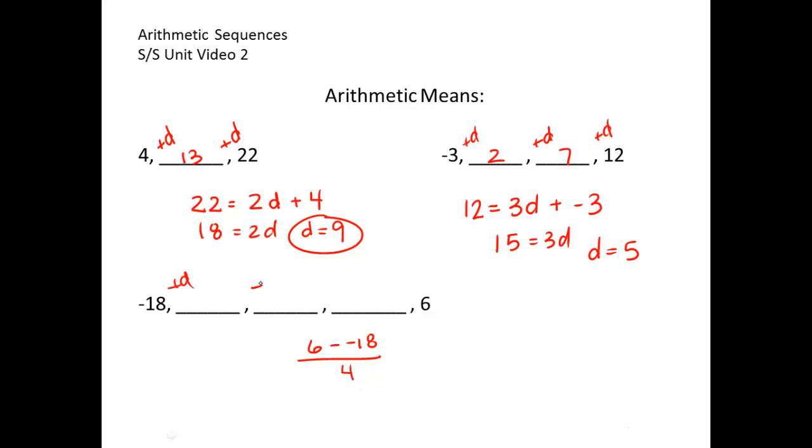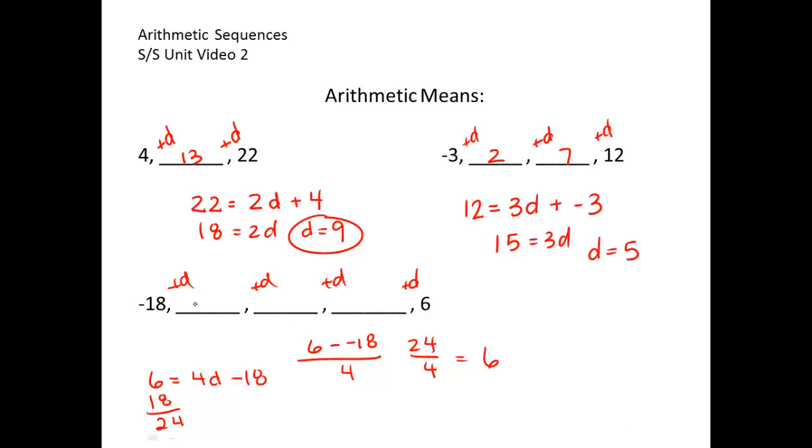I'd have 4 common differences to get me to this last point. So I end up here with 24 divided by 4, so my common difference is 6. Had we set it up as an equation, I would have had 6 equals 4 common differences minus 18. You would have added 18 to get 24, and then divided by 4. It's essentially the same thing. You're more than welcome to use whichever you prefer.